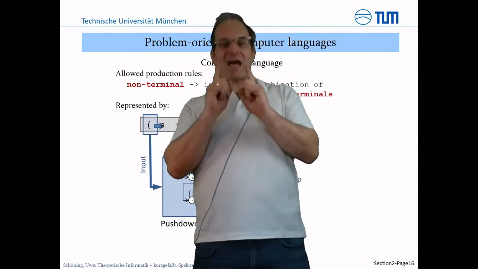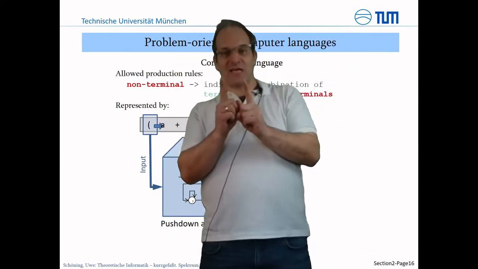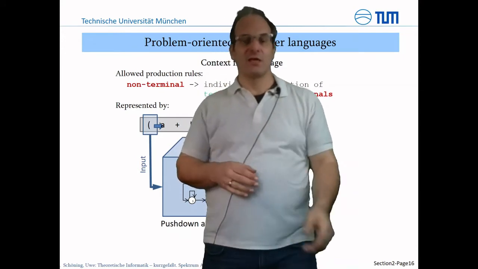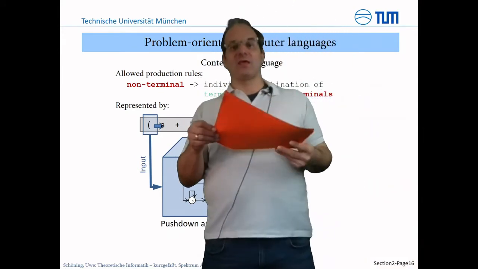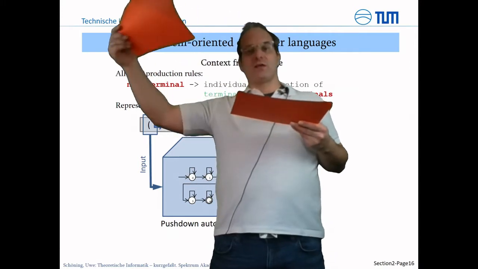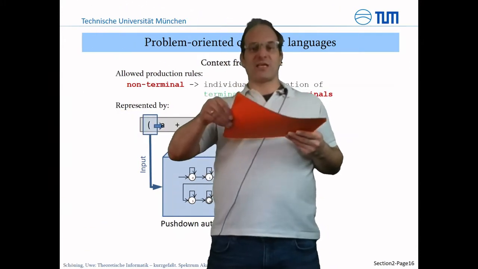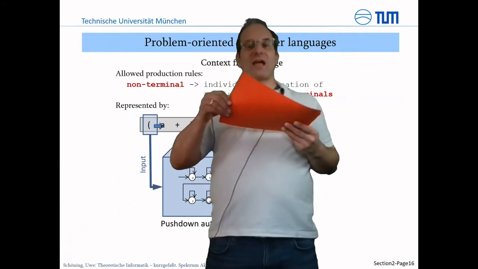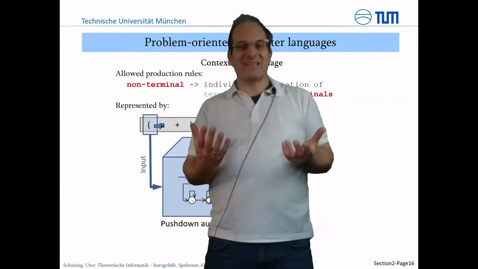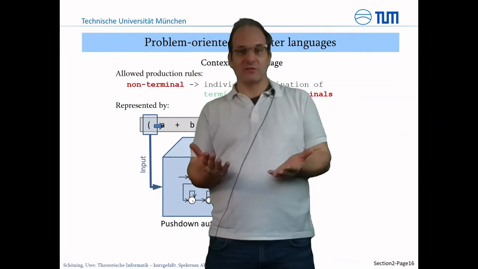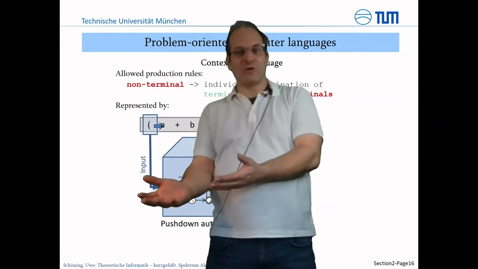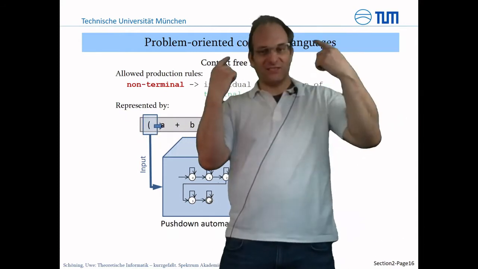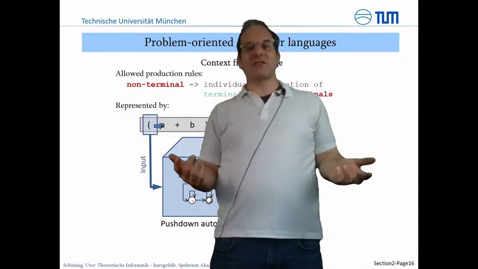Only if this happens, then the sentence is accepted. Each time I have a closing brace, I take something from the stack. So therefore, if a correct mathematical expression is found, I come to this endpoint and I have an empty stack. Okay? It's quite simple.